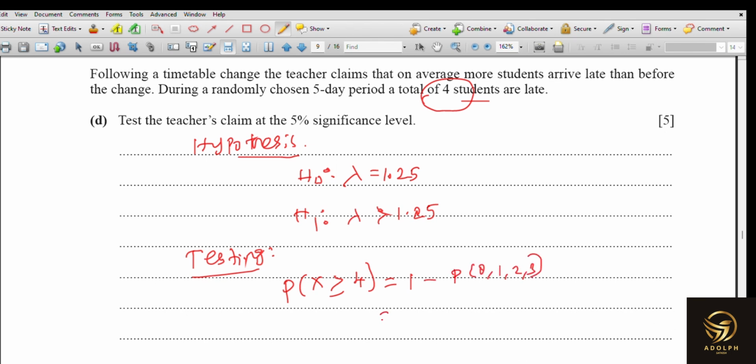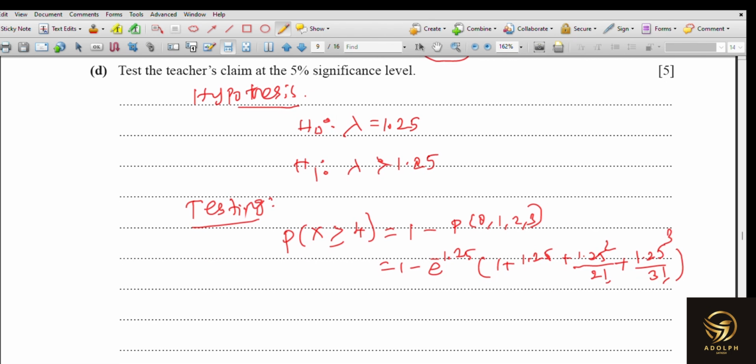Just applying the regular formula, 1 minus e power negative 1.25 times (1 plus 1.25 plus 1.25 square by 2 factorial plus 1.25 power 3 by 3 factorial). These calculated values give me the answer 0.0383. Testing is over now.